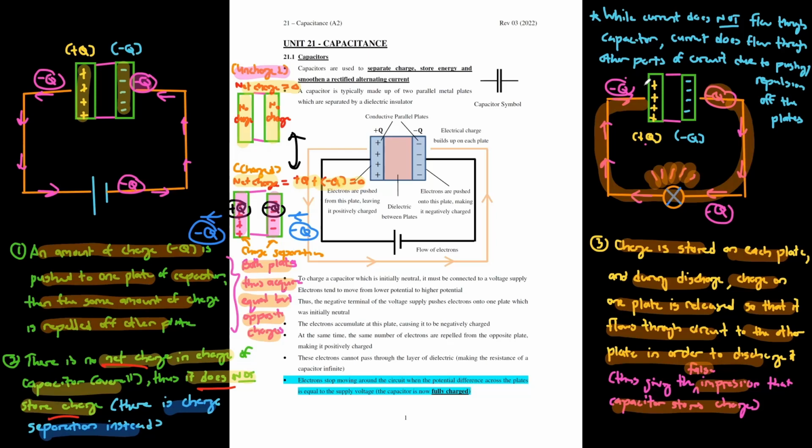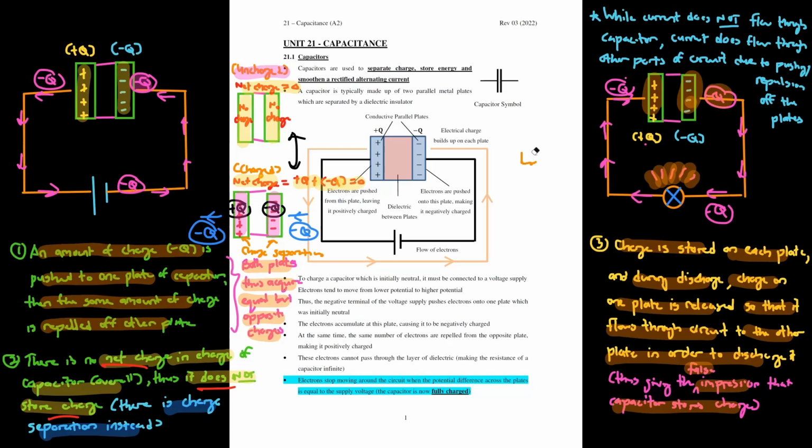What it did was separate the charge, so that negative charges were always on one side and positive charges on the other side, so that when you want to discharge it, whatever charge you had originally on one plate is released to go back to the other side. So this is what we mean by your capacitor storing charge here.